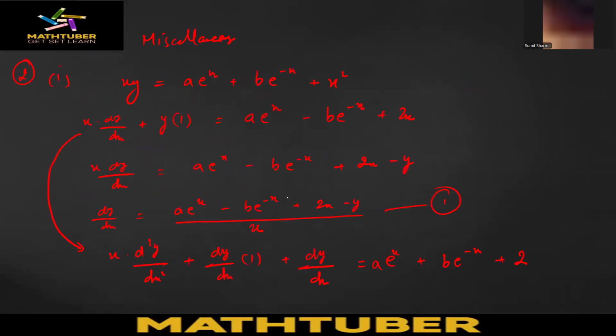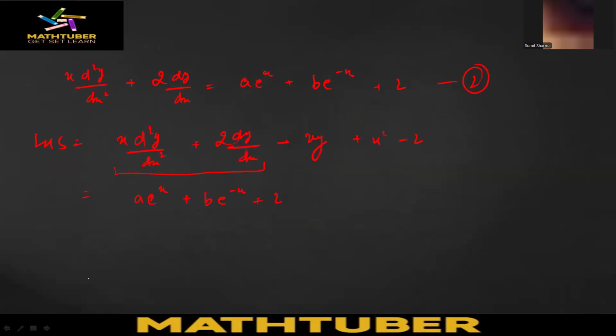The value of xy is given in the starting here. The question itself gave the value of xy, which is a e raised to power x plus b e raised to power minus x. So it is minus of a e raised to power x plus b e raised to power minus x, and plus x square minus 2.